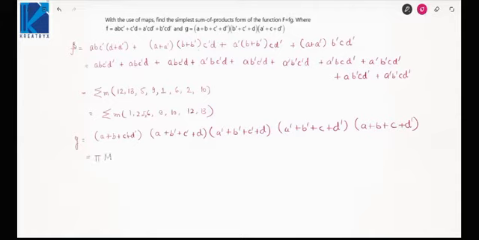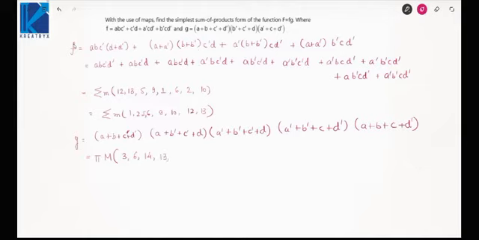Now it will be max term 0, 0, 1, 1, that is 3. Then 0, 1, 1, 0, that is 6. Then 1, 1, 1, 0, that is how much? 14. Then 1, 1, 0, 1, that is 13.